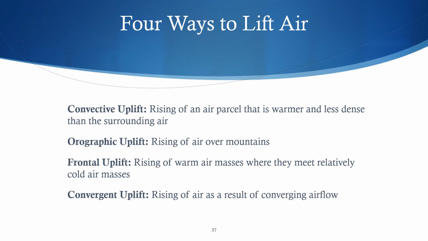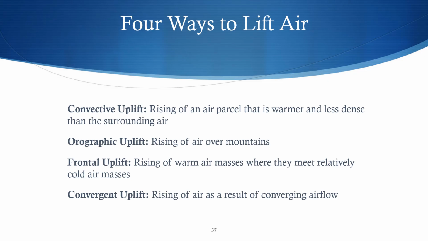So the first one is orographic uplift. That's basically what we just went over. Wind flowing over mountains. The wind comes in, it hits the mountain, and it is forced upward. Frontal uplift is when we have a warm air mass and a cold air mass meeting, and typically the cold air mass will push the warm air mass up out of the way.